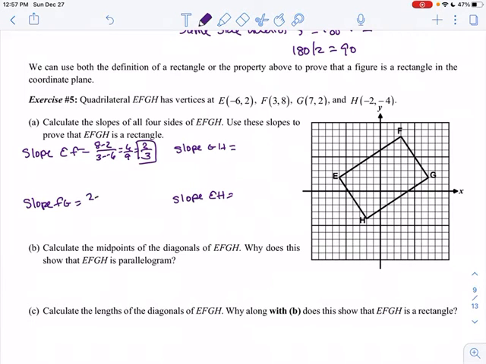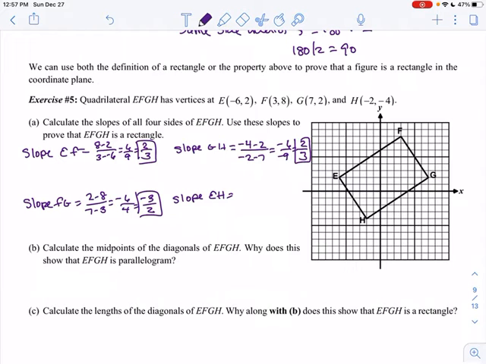So 6 over 9, which is 2/3. Slope of FG. So 2 minus 8. I subtract the y's, that goes on top. 7 minus 3, I subtract the x's, that goes on the bottom. And I reduce that, it's -3/2. Slope of GH, so that's going to be -4 minus 2. I subtract the y's, that goes on top. Subtract the x's, -2 minus 7.